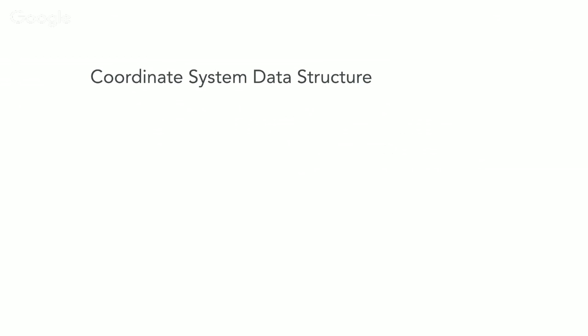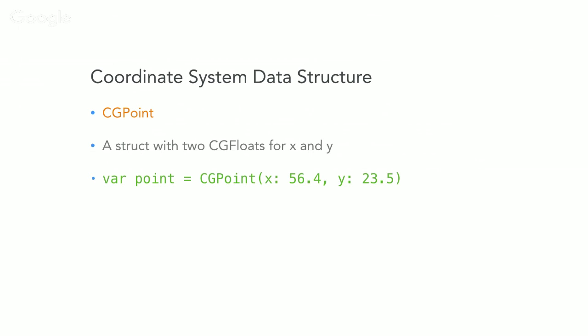The second one is a CGPoint. A CGPoint, simply, is a struct, and it is like a point in the coordinate system. It has two CGFloats, for the X position and the Y position. In this case, we have a CGPoint where X is 56.4 and Y is 23.5.